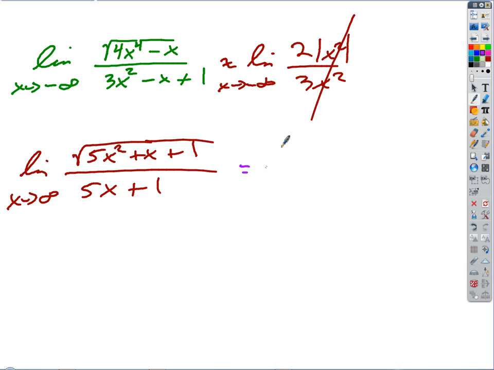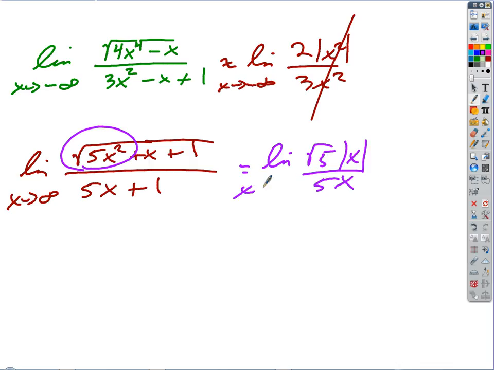So that would be equivalent to the limit of what on the top? Square root of 5, absolute value of x. I just look at that part. And the value of that when x is positive, like in this case, would be 1, right? So we just know that goes to 1. And we just get square root of 5 over 5.